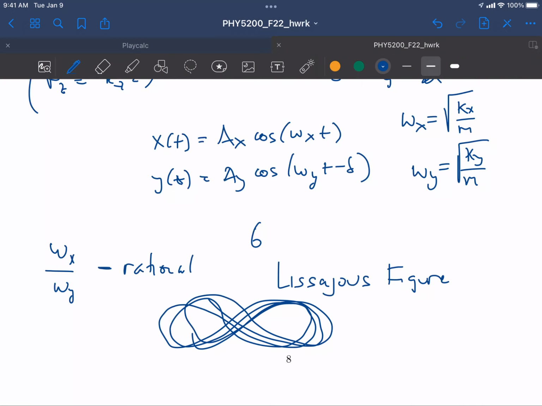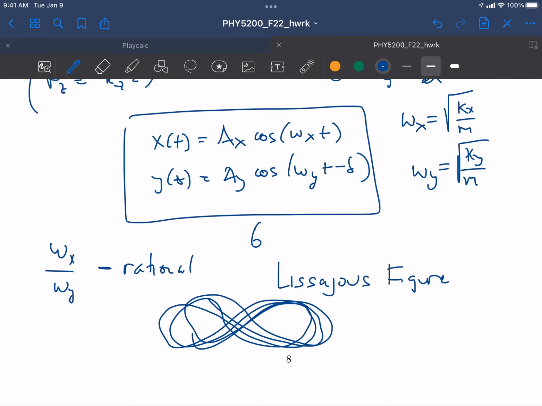And if the ratio omega x to omega y is not rational, then the motion will never repeat. And this is quasi-periodic motion. The mass will never come back to the same place, moving in the same direction as it did before. The motion in the x coordinate is periodic separately, and the y motion will be periodic, because they're each given by these equations.